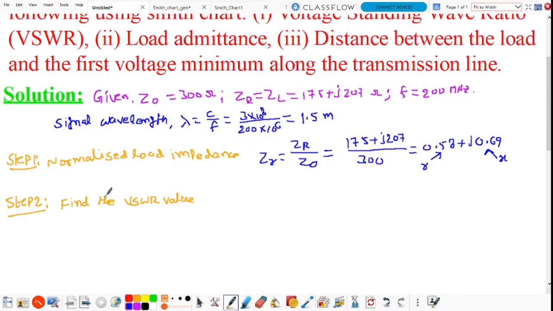Therefore, the voltage standing wave ratio is equal to OM, which is 2.8. That is the second step.